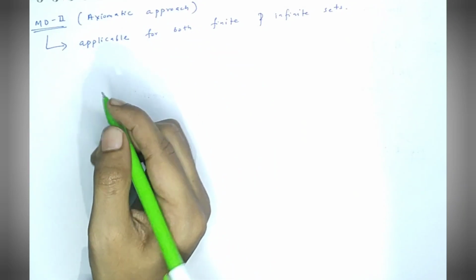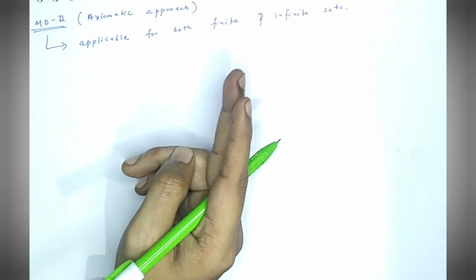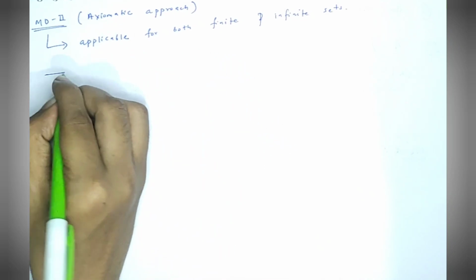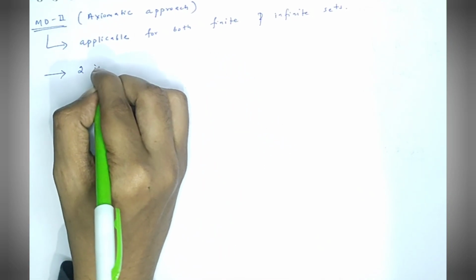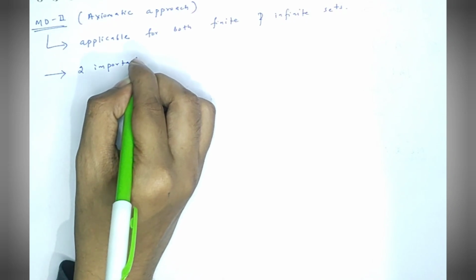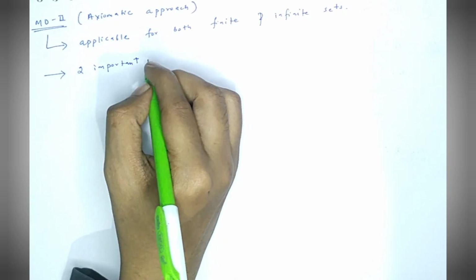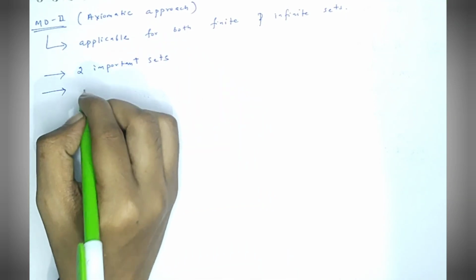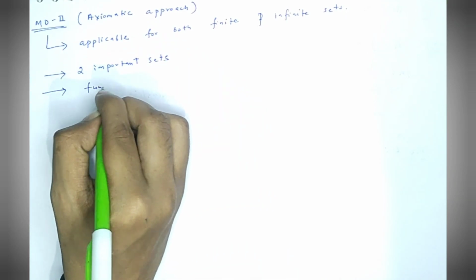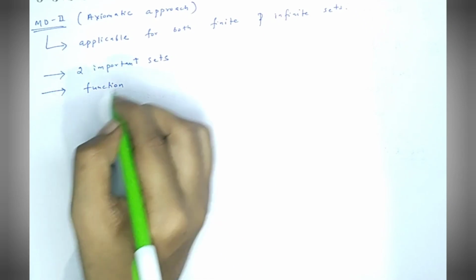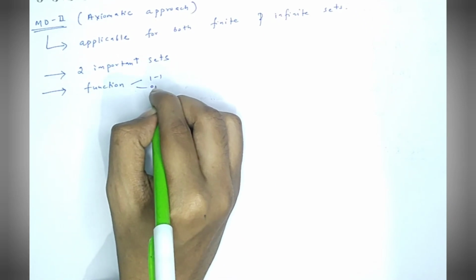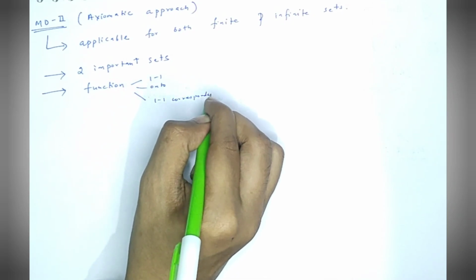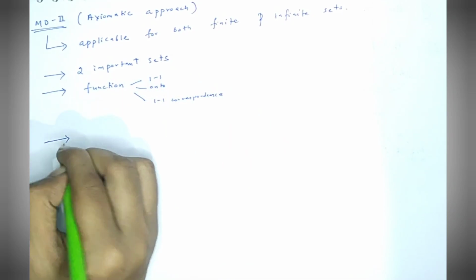In this method, we require two important sets and three axioms. Two important sets we require, a concept of function that is one-one, onto and one-one correspondence, and three axioms.